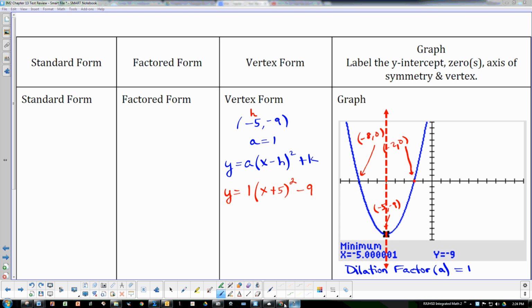And factored form. Well, factored form, we have two x-intercepts, negative 8 comma 0, and negative 2 comma 0.